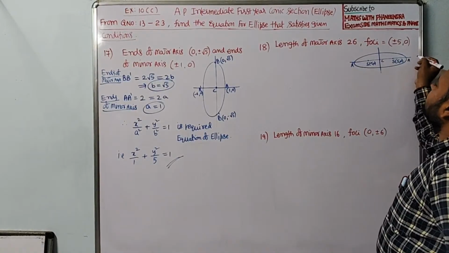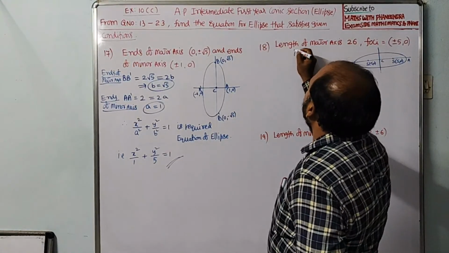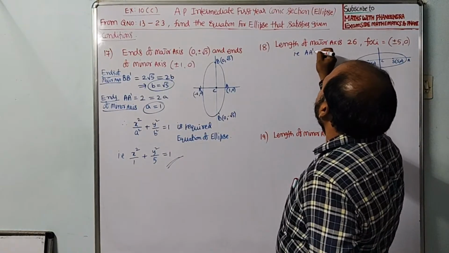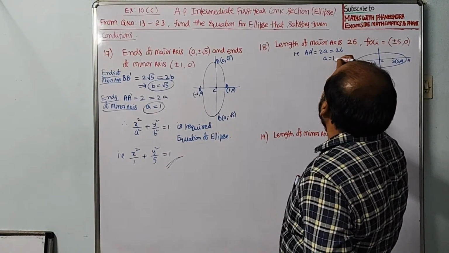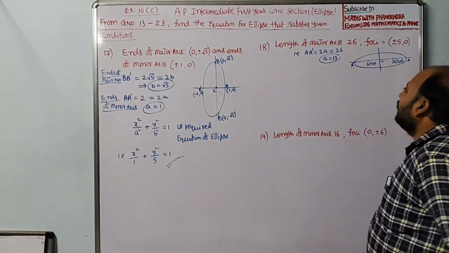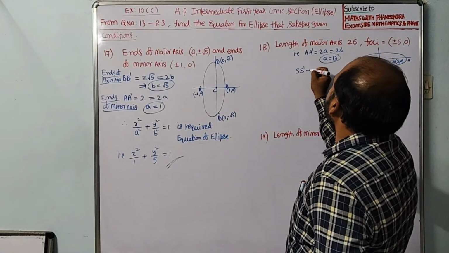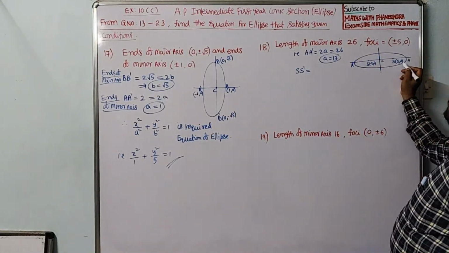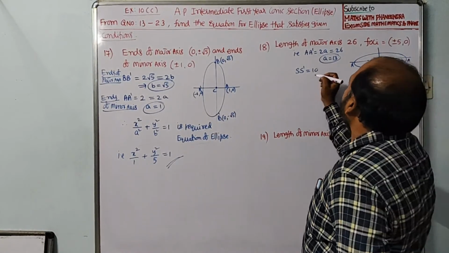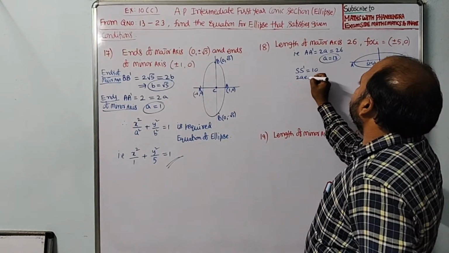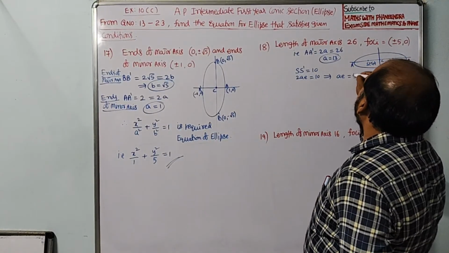Given length of major axis, A dash is equal to 2A equal to 26, A is equal to 13. Next, distance between foci, from here to here it is 5 units, from here to here it is 5 units, 10. So 2AE is equal to 10, AE is equal to 5.